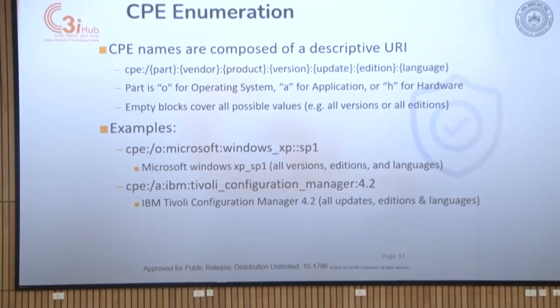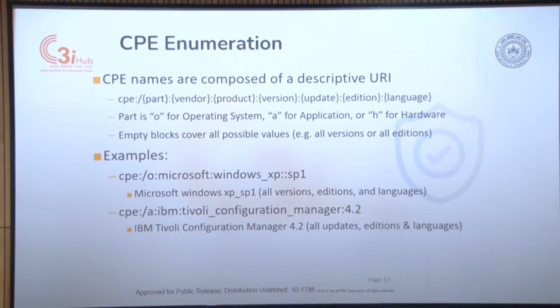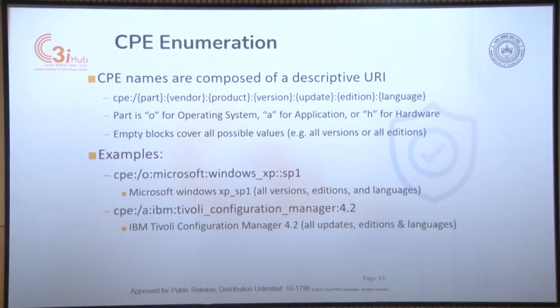Okay, so you can actually search for it and go to the website and look at more examples of these, right. So CPE is a way of uniquely identifying the platforms, so you know what you are talking about, right.